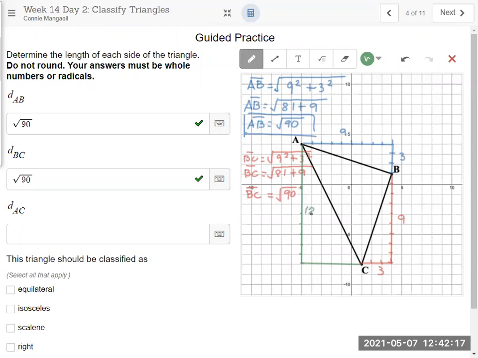That's 12 units. And then horizontally, you have 1, 2, 3, 4, 5, 6. That is 6 units. So our AC would then be equal to the square root of, the sides are 12 and 6, right? So 12 squared plus 6 squared.